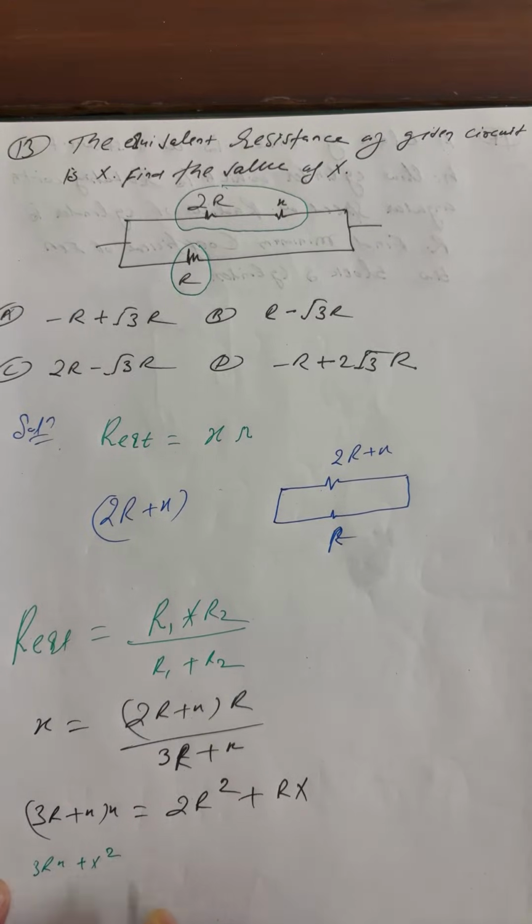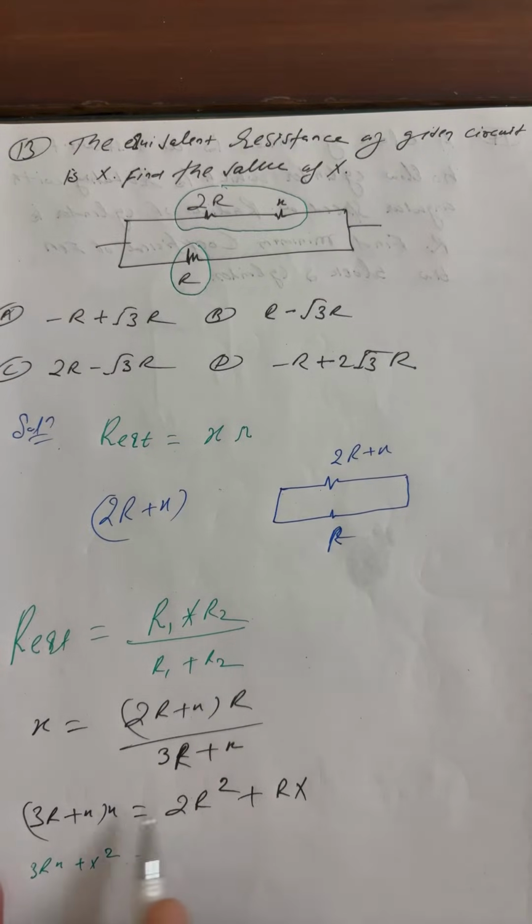Here, beta, what you can say, this is 3RX plus X square is equal to 2R square plus RX. Is it fine? Just be careful during calculations. Yes, beta, correct. Then simplify.